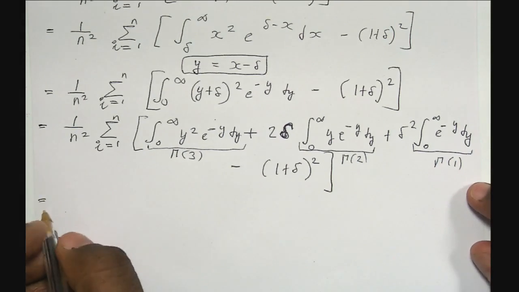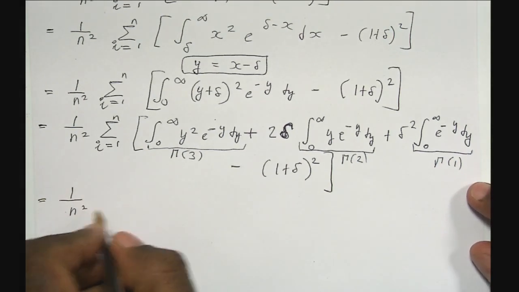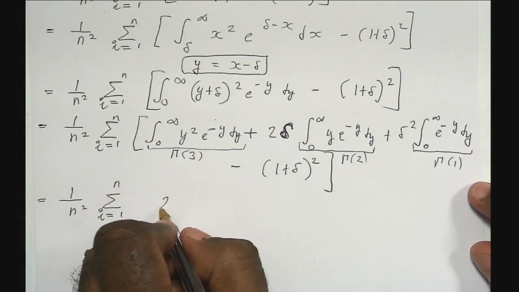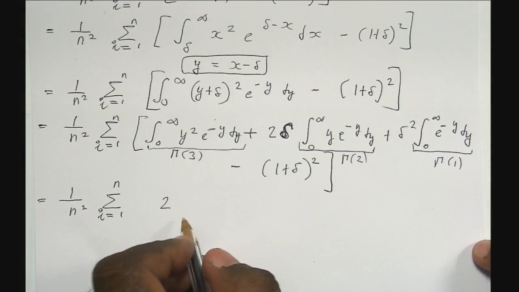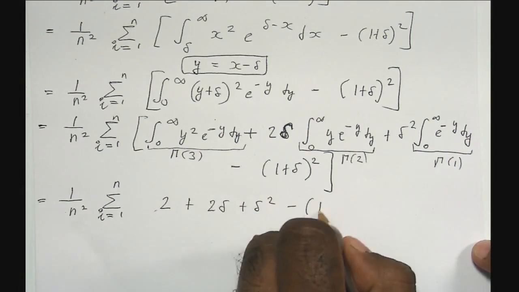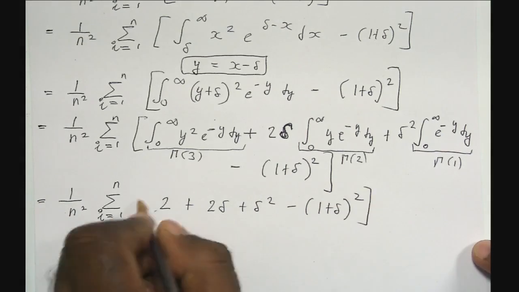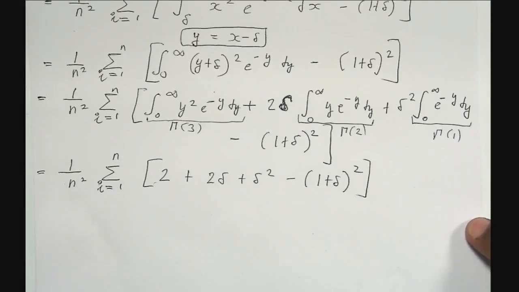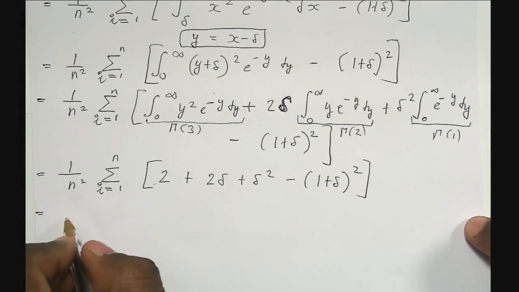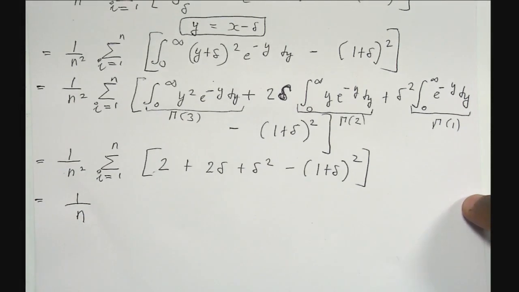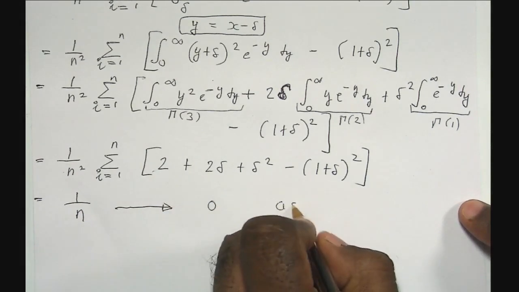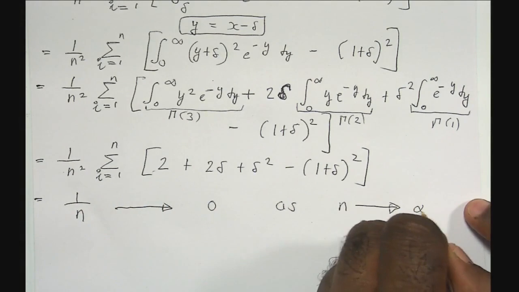So it becomes 2 plus 2 delta plus delta squared minus 1 plus delta squared. A lot of the terms cancel, so you get this answer, and this approaches 0 as n approaches infinity.